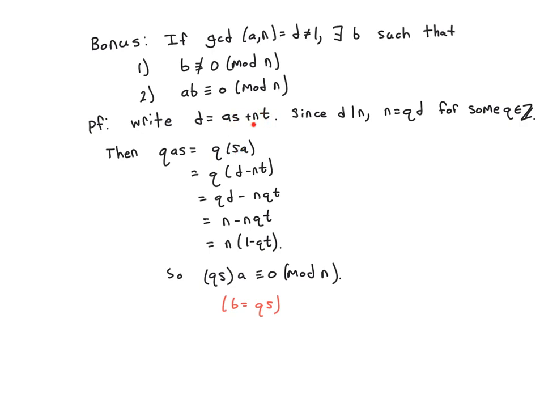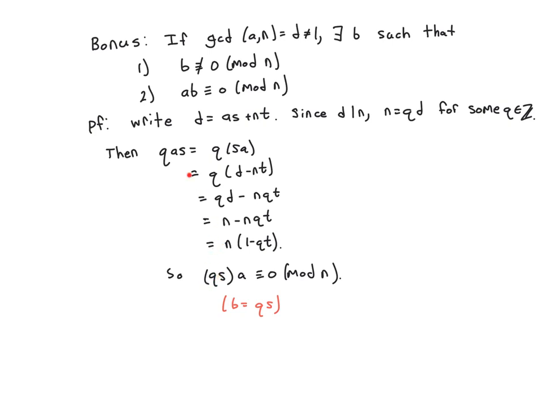You can bring this nt to the other side and replace sa with d minus nt. Distribute the q to get qd minus nqt. Remember, qd is equal to n. And now look, everything's a multiple of n, so you can factor it out. Oh, but n is our modulus, so this is actually just 0.